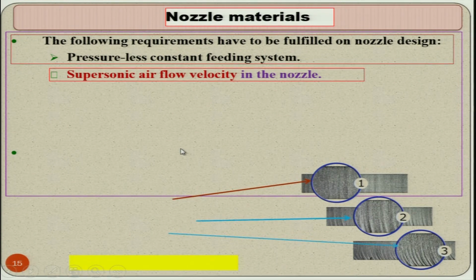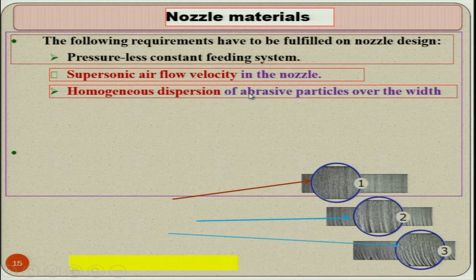And just like so, the flow rate of the air or the air abrasive jet is quite high, as I have already mentioned, it may be as high as 300 to 500 meters per second. So, supersonic air flow velocity in the nozzle is there.